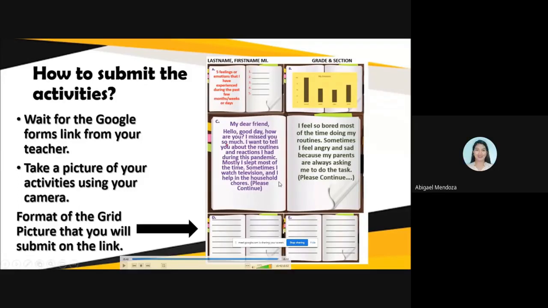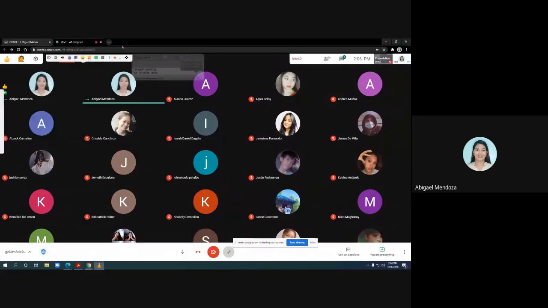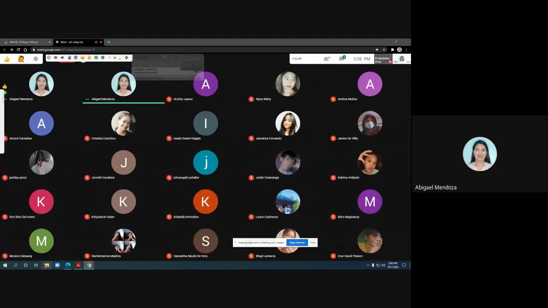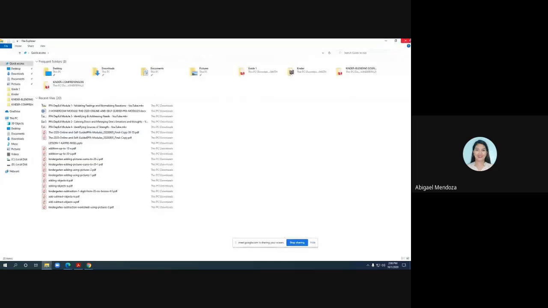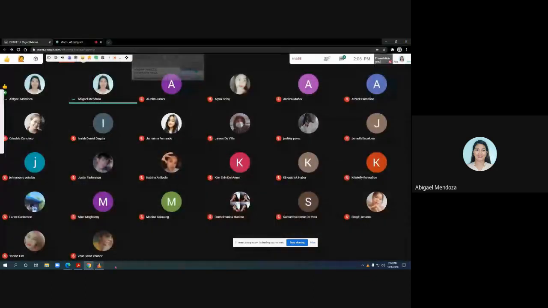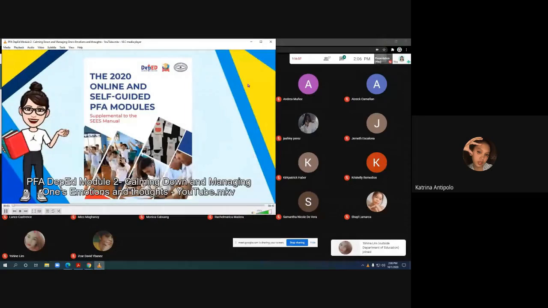Okay na? Wait lang. Nakita ninyo yung kalat, no? Ito, module 2. Ma'am, kailan pa saan yan?